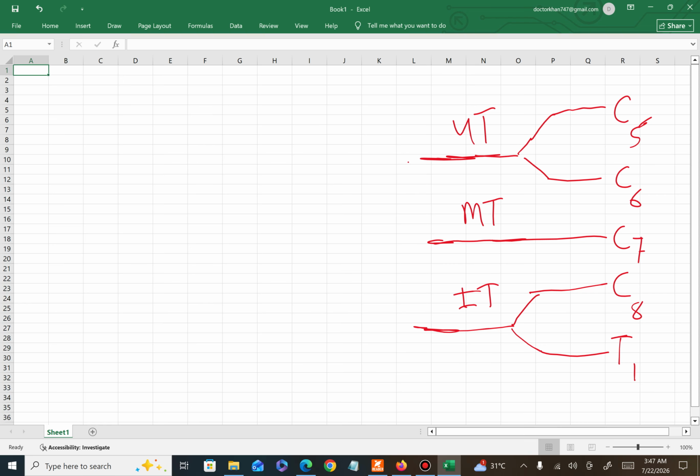The upper trunk, middle trunk, and inferior trunk each have an anterior and posterior division. The posterior divisions of each trunk combine to form the posterior cord.